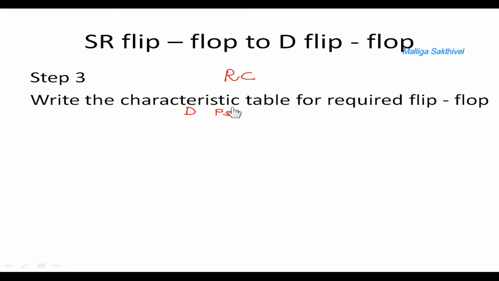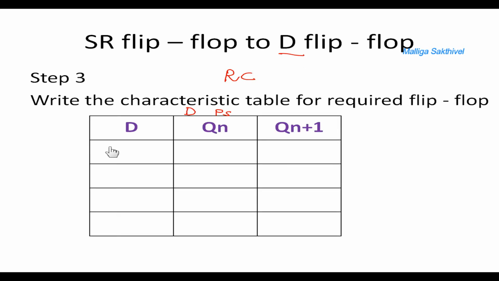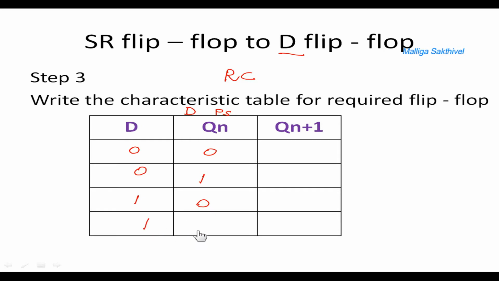This table is called the characteristics table. Our required flip-flop is the D flip-flop, so we list out all the input and present state combinations: 0 0, 0 1, 1 0 and 1 1. These are the four combinations, and for these four combinations we have to write down the next state.